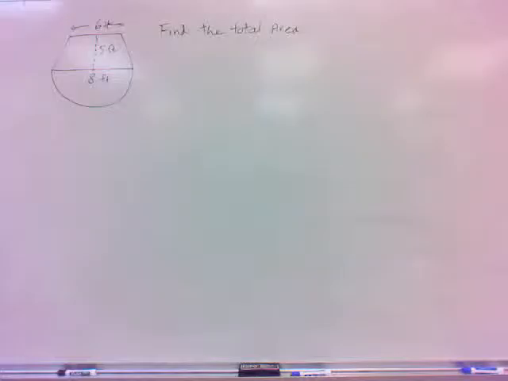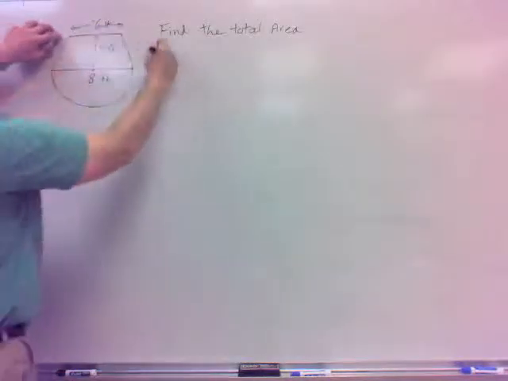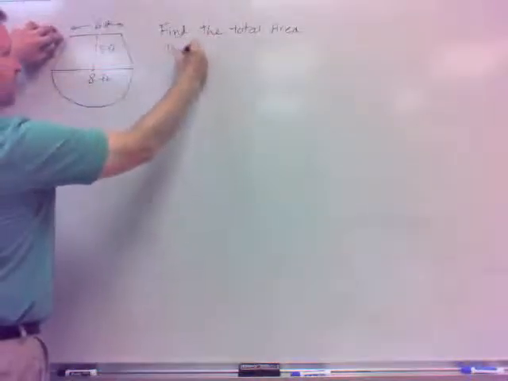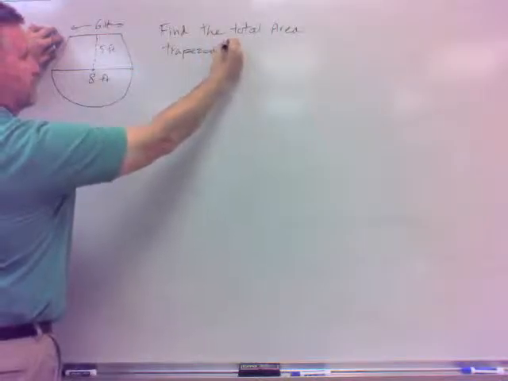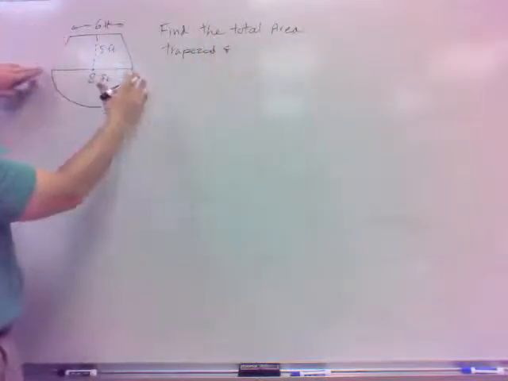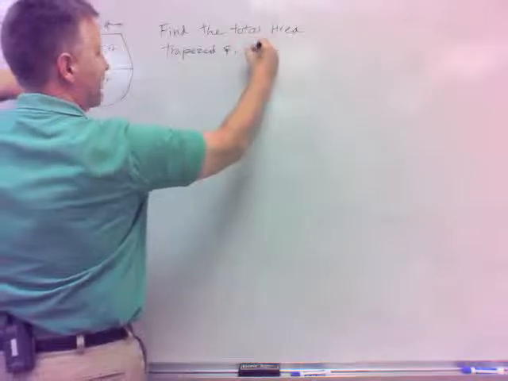All right, what do you see here? Well, I've got a trapezoid on top of a, well, that's not a circle, but it's a semicircle, half a circle.